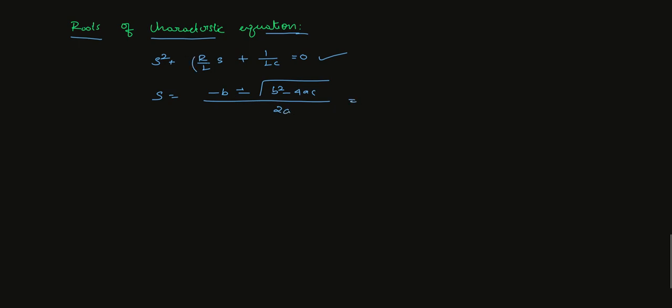So here in place of b we have R by L, so this is minus R by L plus or minus root over R by L whole square minus 4ac. The value of a is 1 and c is 1 by LC.